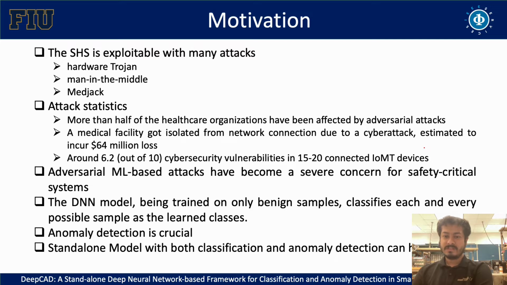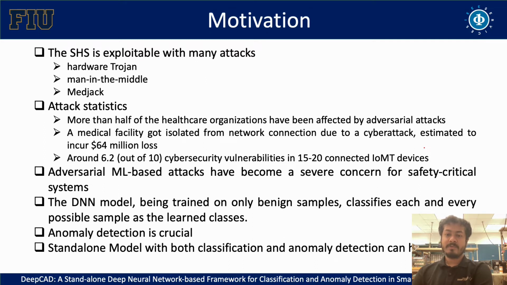One piece of research has identified that 15 to 20 Internet of Medical Things connected devices contain a 6.2 vulnerability score. Although deep neural network models mostly classify the patient health status correctly, knowledgeable adversaries with knowledge of the deep neural network model can misclassify the patient status and can deliver wrong treatment to the patient through adversarial machine learning based attacks.